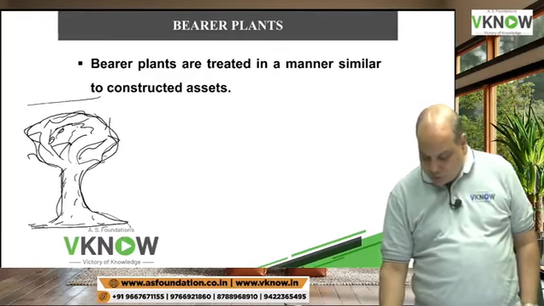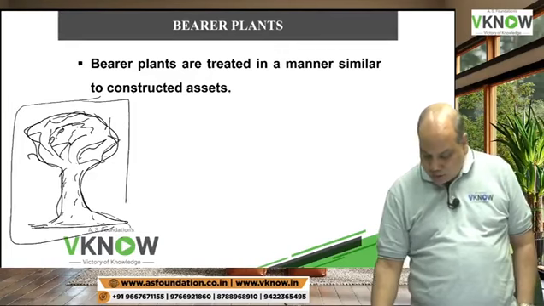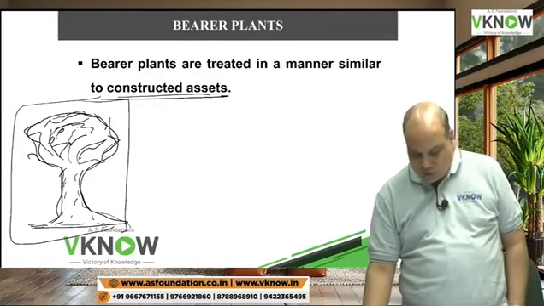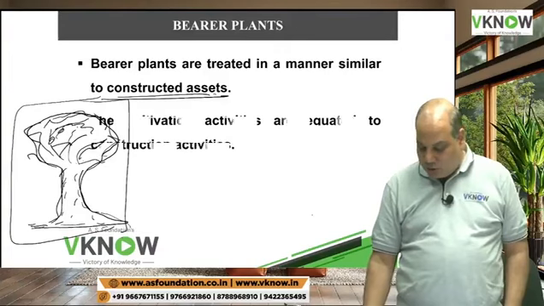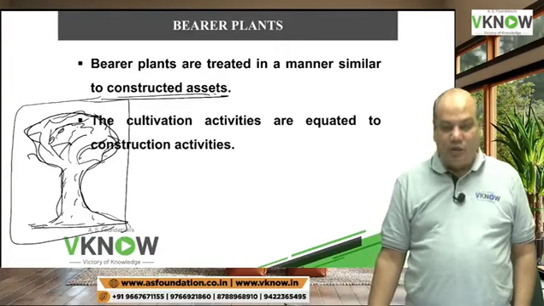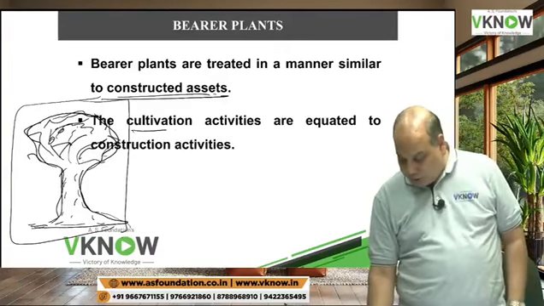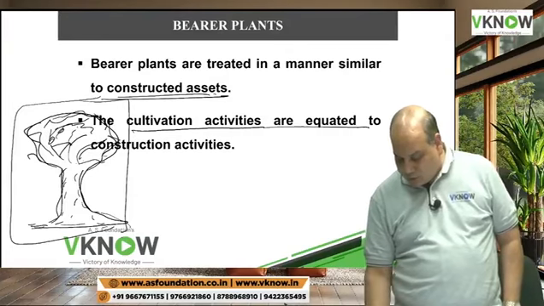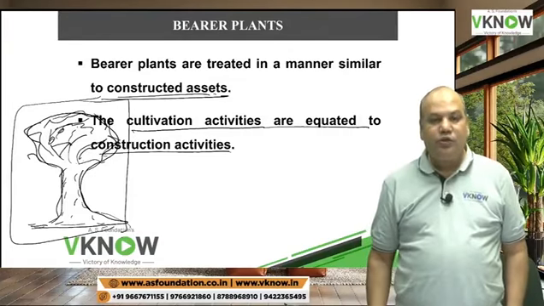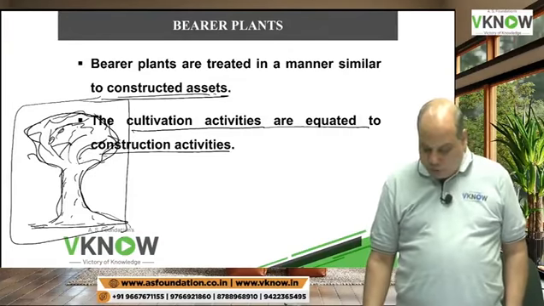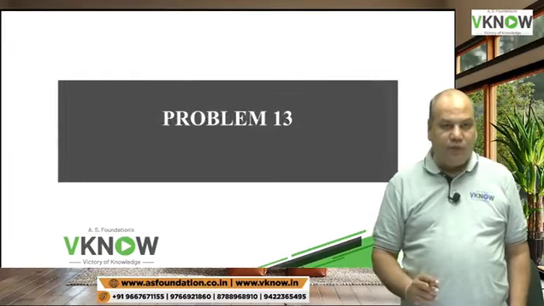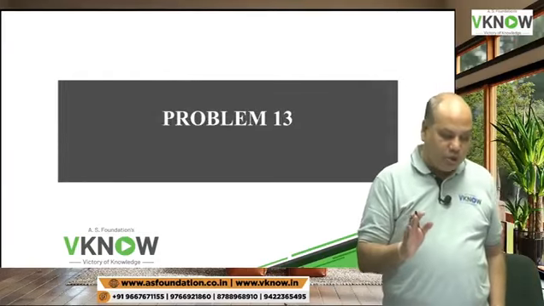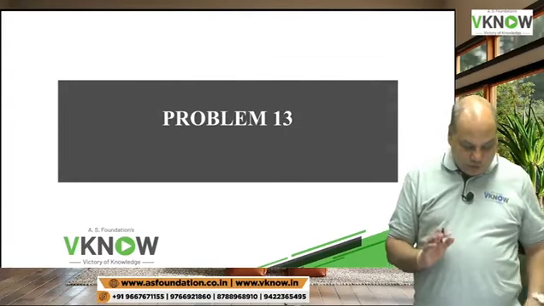So this is also like a self-constructed asset, and this will also be treated in a similar manner. Cultivation activities are equated to construction activities. But good news, you don't have much discussion on bearer plant in this chapter.